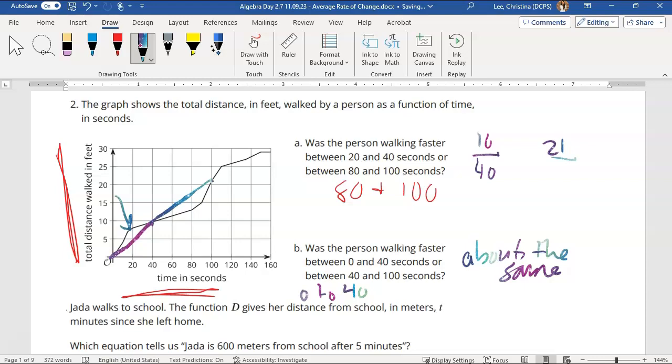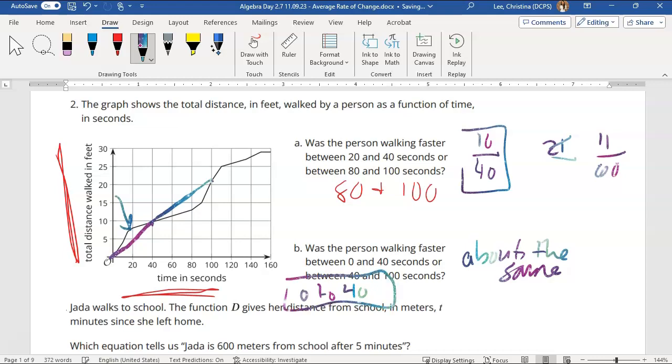rate of change. So that's 21 minus 10, which would be 11, over the change in x, which would be 100 minus 40, which is 60. So we can see that the first one would be a little bit faster because that would be 0.25, and 11 over 60 is going to be a little bit less, all right?